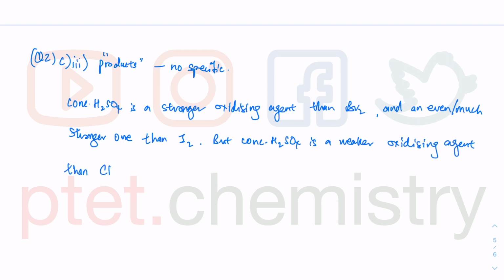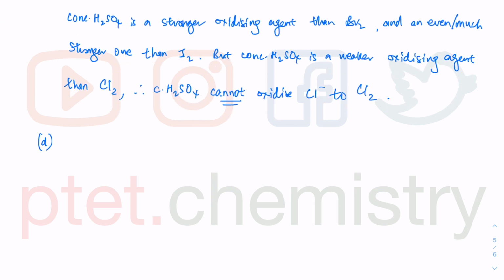Remember, when you want to talk about oxidizing power, we have to compare with the halogens. Therefore, concentrated sulfuric acid cannot oxidize Cl- to Cl2. Just for the 1 mark, I guess.